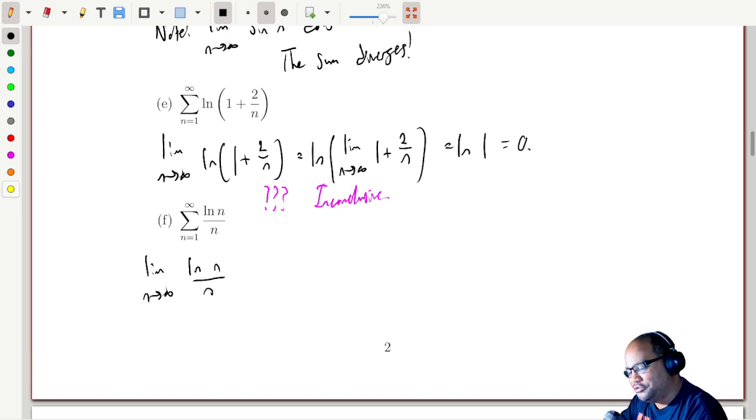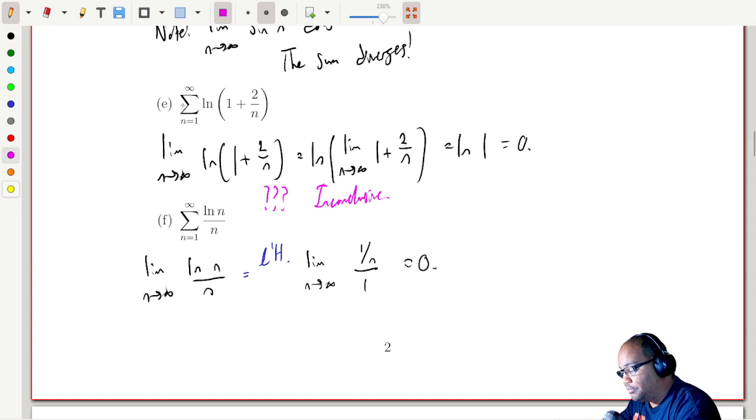Thinking of a surgical procedure for this limit? L'Hopital. You have to use L'Hopital's rule. So we take the derivative of top and bottom. The derivative of log n is 1 over n. The derivative of n is just 1. And we know that 1 over n goes to 0. So this limit is 0. But guess what? The limit was 0. We don't know.